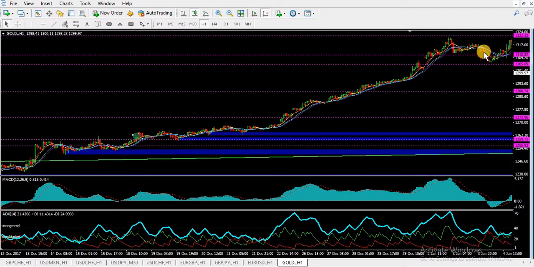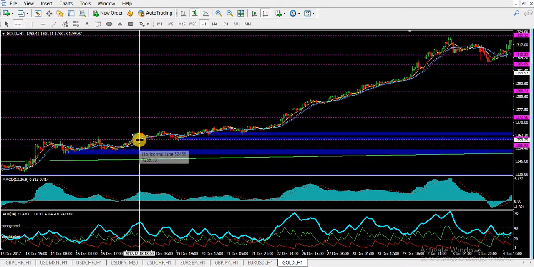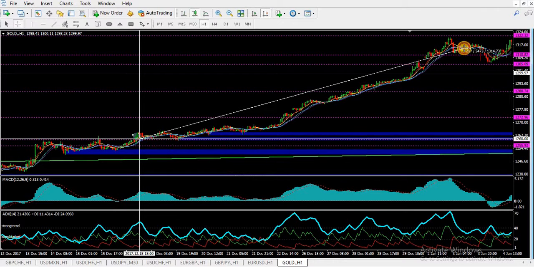Oh, this is the point. So say you held it in there. Look at how many pips you would have gotten. Just watch. These are like 561 pips just by holding a trend.